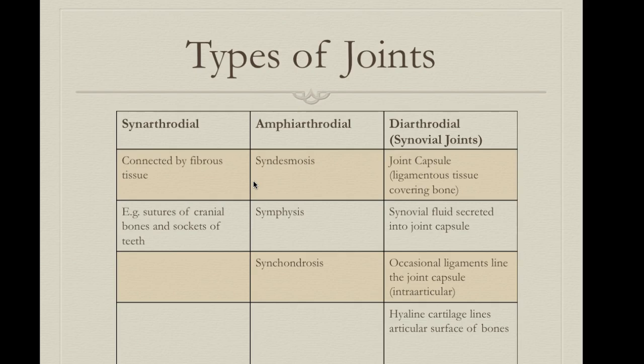So all this describes pretty accurately, let's say, a knee joint, because there is, let's say, the MCL, the ACL, all those ligaments are within the joint capsule, intra-articular. There's also synovial fluid in there, and the surfaces of the femur and the tibia are both lined with hyaline cartilage. So a great example of a synovial joint is the knee joint.